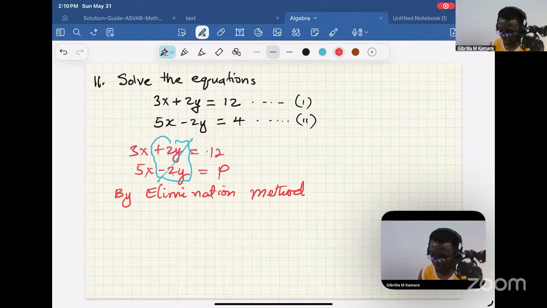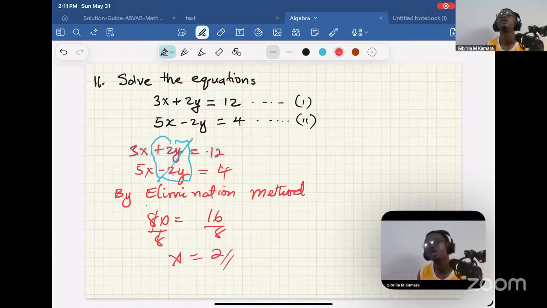And you are left with 3x plus 5x, which gives you 8x equals, remember this is 4, 12 plus 4, that gives you 16. Divided by 8, divided by 8. This and this goes, so my x is 2. Now once you have that, you find y. You use 3x plus 2y equals 12. Wherever you see x, you put 2.